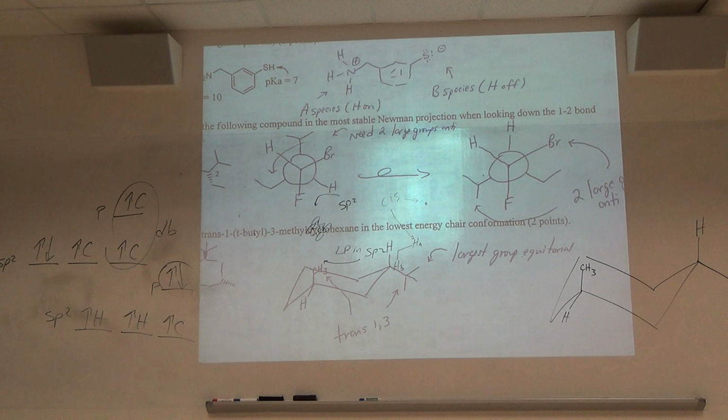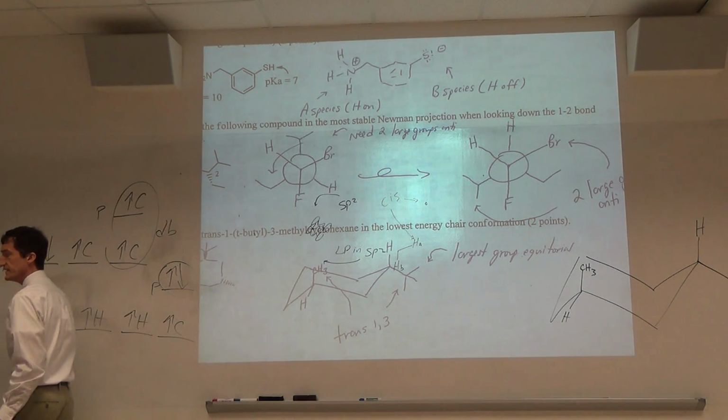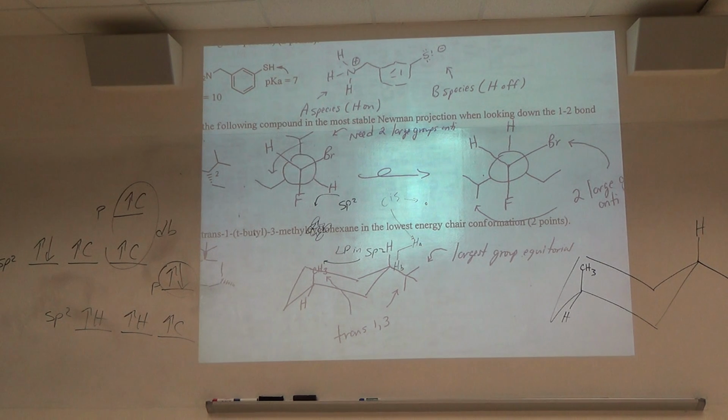Anything else? What else have we covered? The chair. Then we moved into the chair and the Newman conformations. Let's look back at that handout and do some examples there, finish that up. Energy levels, this will be on the blue handout.